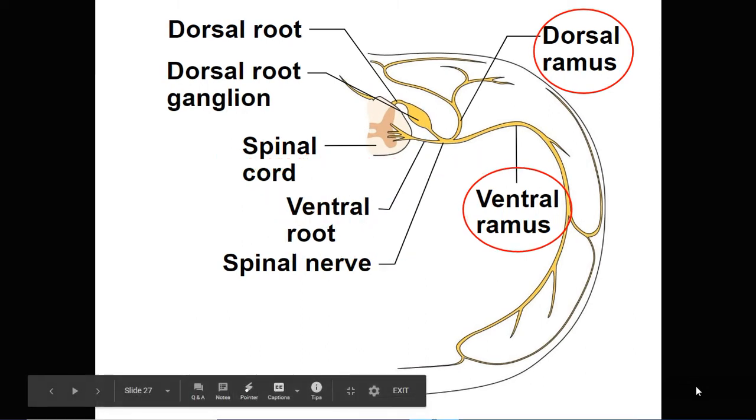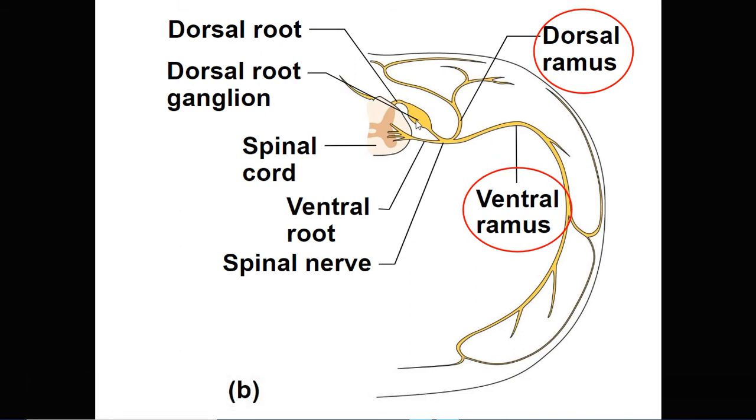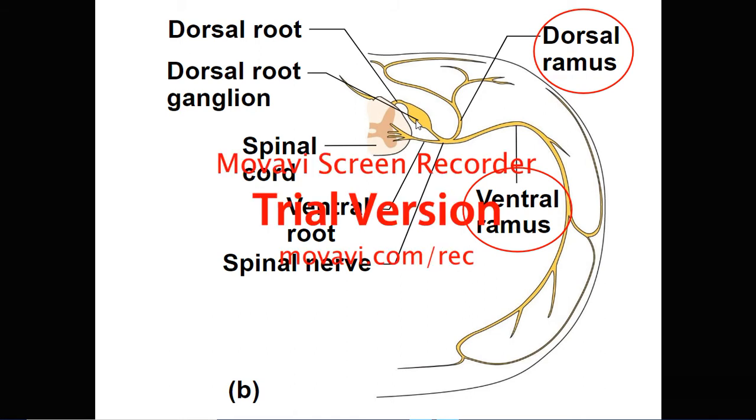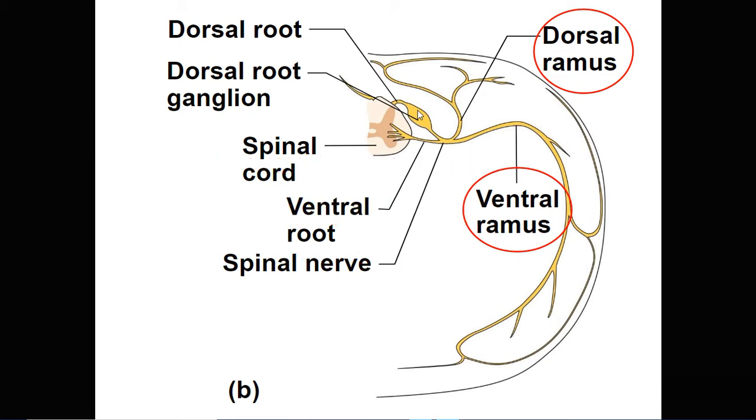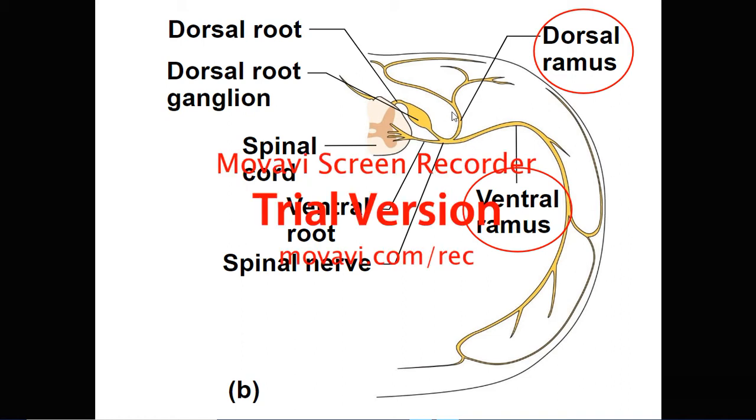Remember, the dorsal root ganglion is a cluster of cell bodies on the dorsal root of a spinal nerve, and essentially the dorsal root ganglion contains cell bodies for sensory nerves that carry sensory information to the spinal cord. And then you see this spinal nerve is going to split. This is the split into the dorsal ramus and the ventral ramus.